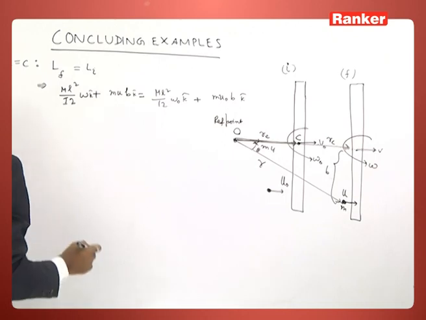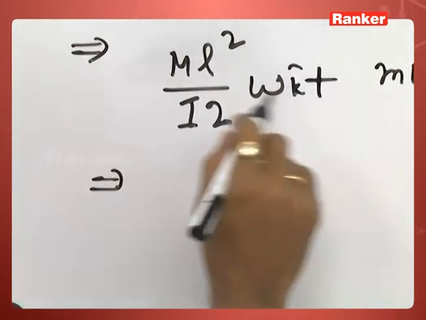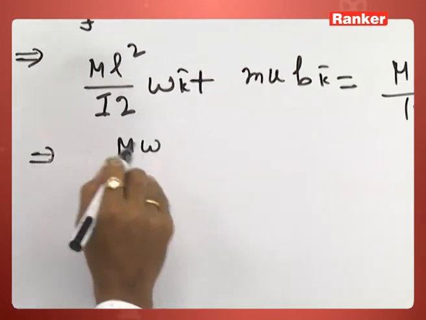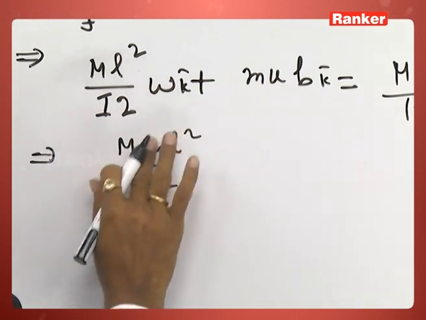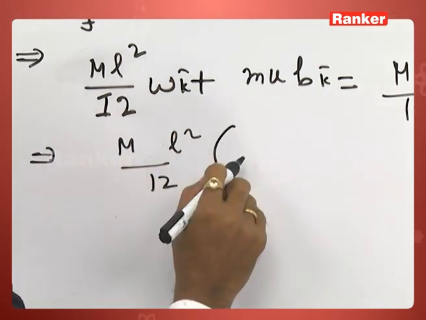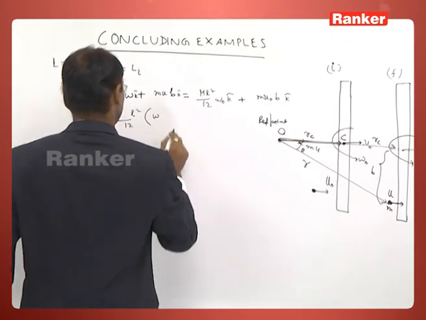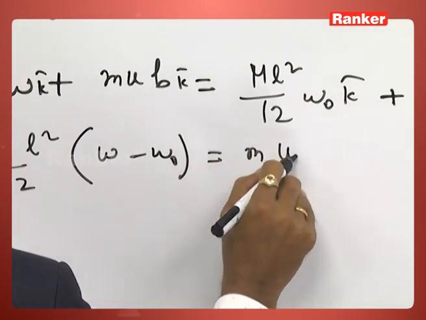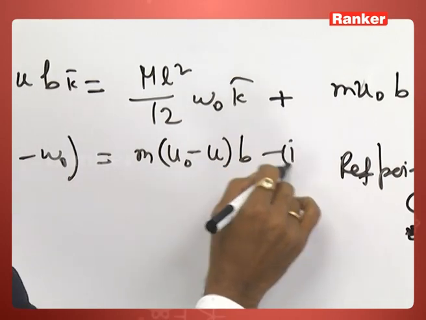So M L square by 12 into omega minus omega naught is equal to small m u naught minus u into b. Equation number 1.